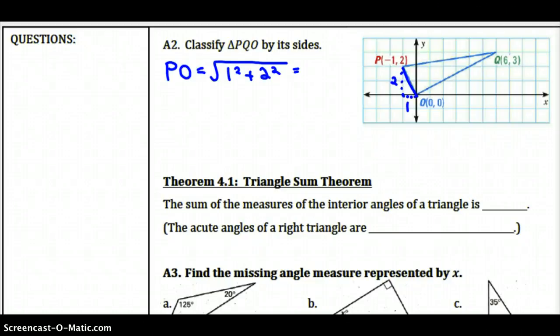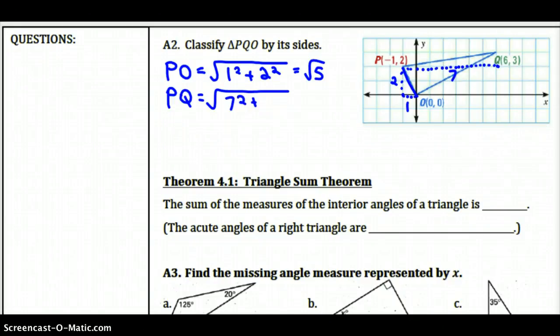That is 1 plus 4, the square root of 5. If I find P to Q, I'm going to do a similar process. From here I go 1, 2, 3, 4, 5, 6, 7. So 7 squared plus 1 squared. 49 plus 1 is square root of 50.